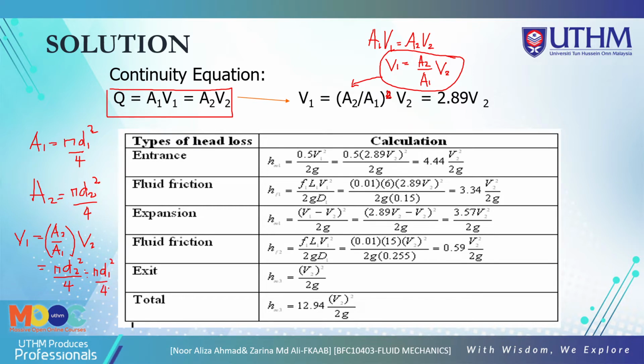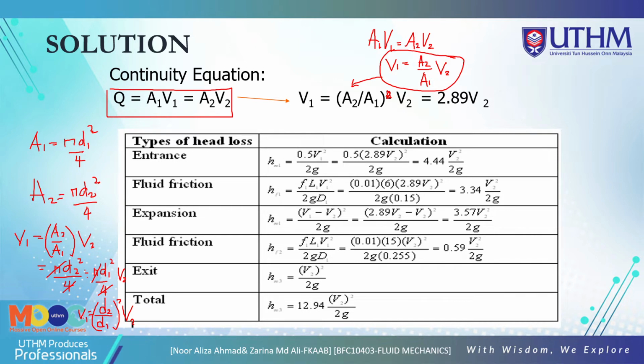So you get D2 over D1, squared, times V2. So you get the V1.